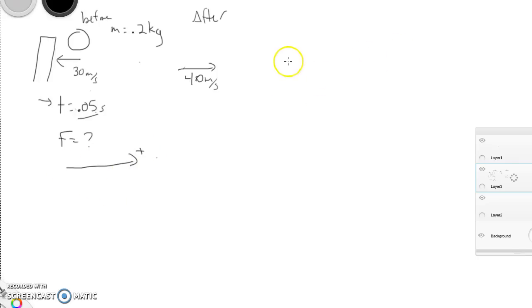So to start this off, we're going to say that this way to the right is positive. And we can draw our before and after charts for momentum. Before, our baseball with a mass of 0.2 kilograms, and after. Before it was going 30 meters per second in the negative direction, so that would be negative 30 meters per second, and then after it's going in the positive direction with 40 meters per second of velocity.